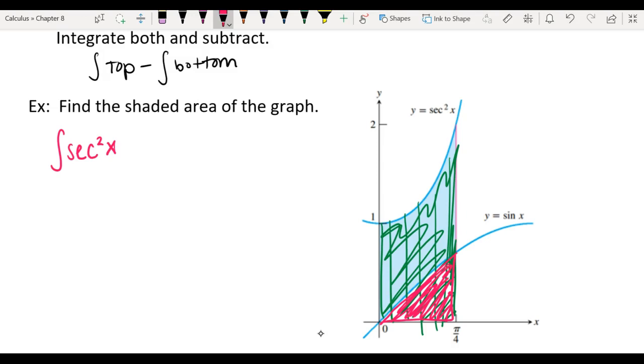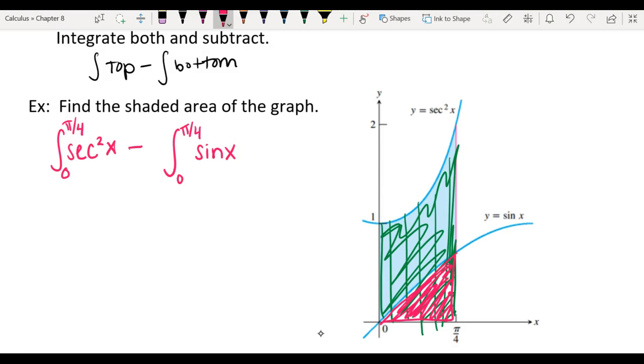Do you guys see that? Minus, from 0 to pi over 4 again, this time I'm doing sine of x. Any questions about how I set that up? We haven't integrated yet.